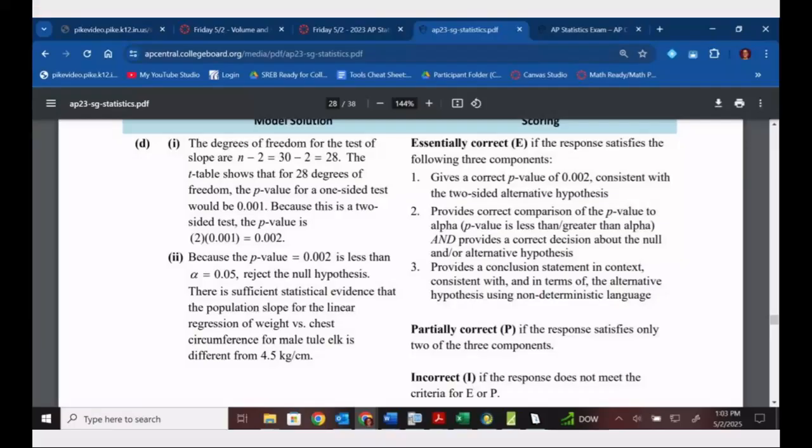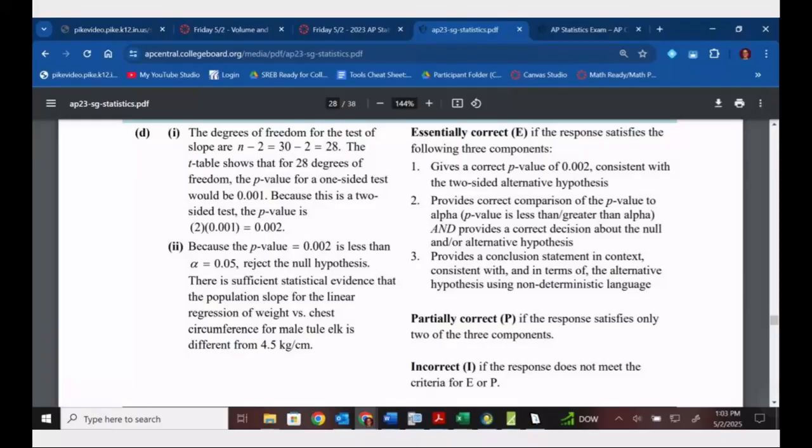We find convincing evidence that the slope of whatever. I don't remember all of the language there. Population slope of the linear regression of weight versus chest circumference is different from 4.5. If you got all 3 components, give yourself an E. If you got 2 of the 3 components, give yourself a P. Otherwise, give yourself an I.